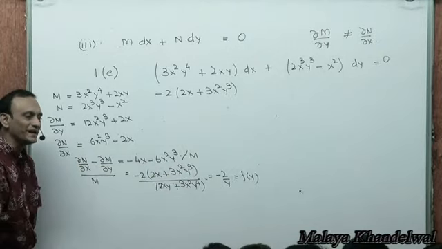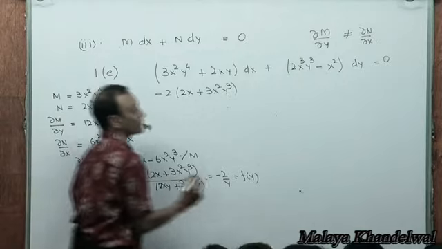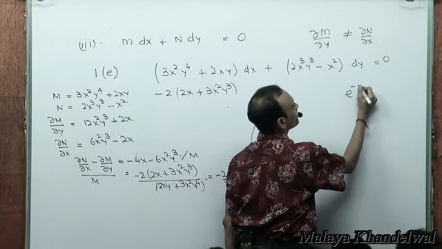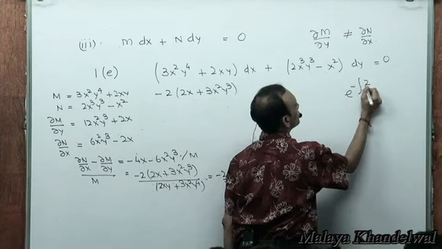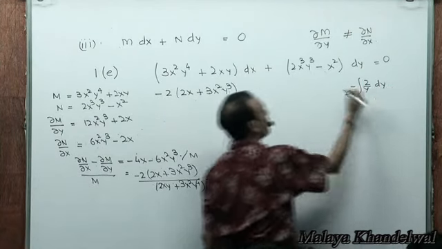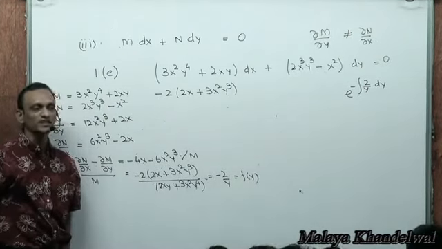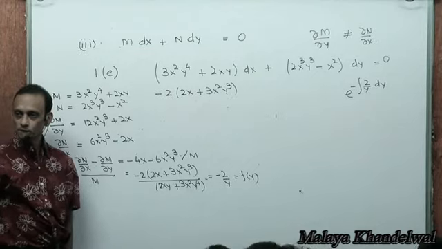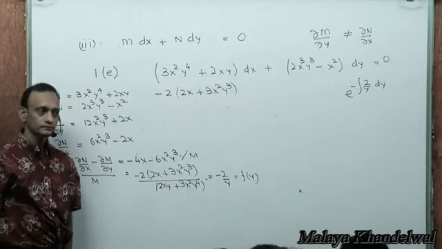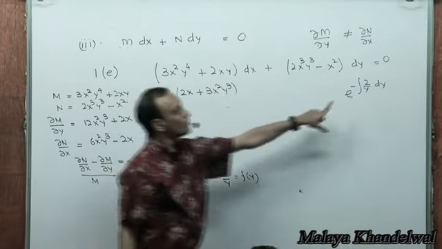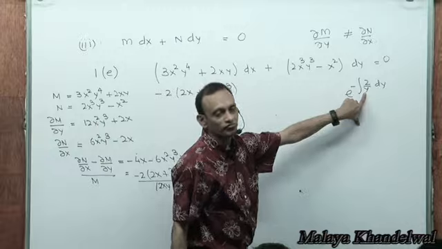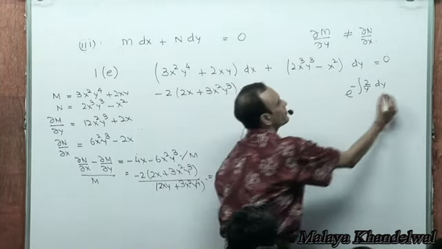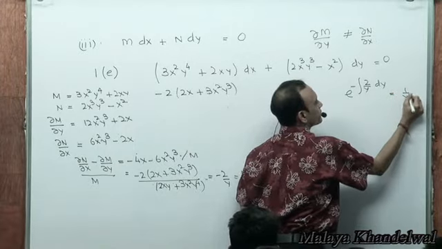So my integrating factor would be e to the power integral of f(y) dy, which is e to the power minus integral 2 by y dy. This is log of 1 by y squared, so this will become 1 by y squared.